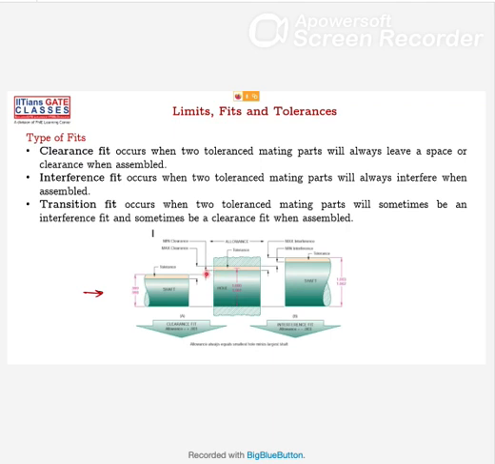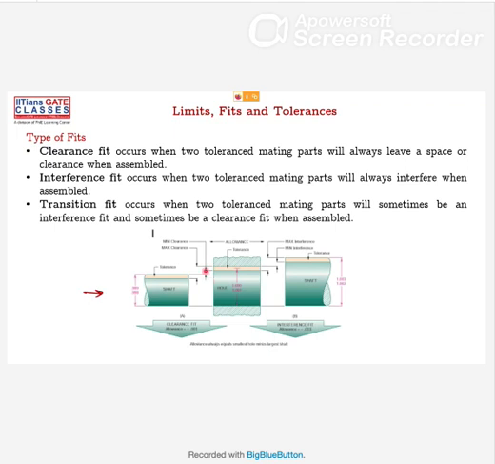Even if you get the maximum value of shaft and the minimum value of hole, the shaft will go and fit inside, and there is a space left between. That space left between is called clearance, hence it is called clearance fit.